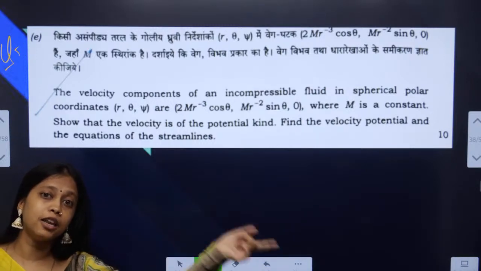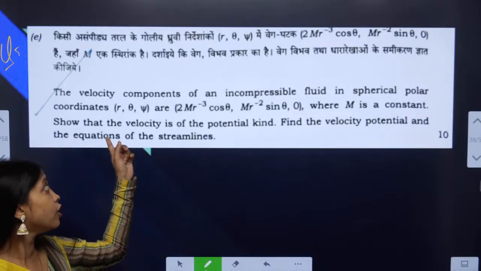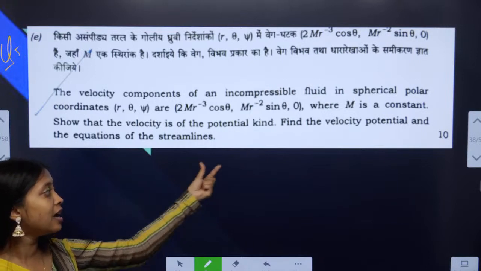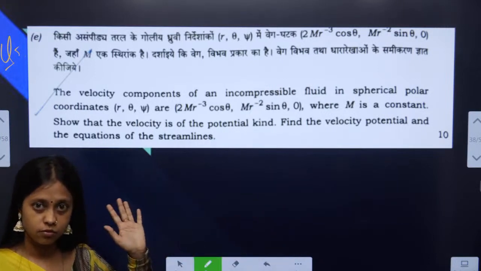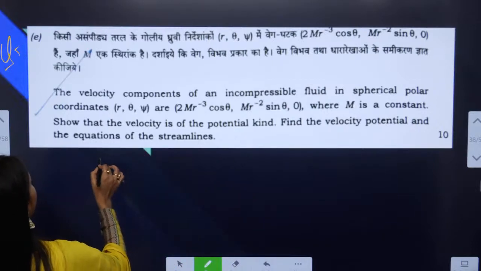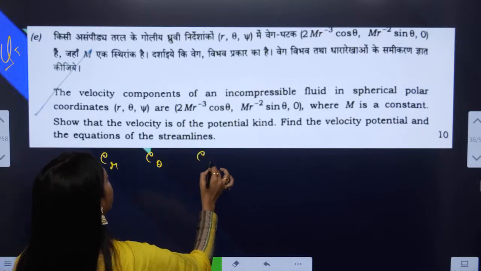Now we are in scalar factors. You will use the scalar factors instead, in terms of r, theta and psi. So basically you are using e_r, e_theta, e_psi. That is, in spherical polar coordinates we have e_r, e_theta, e_psi.